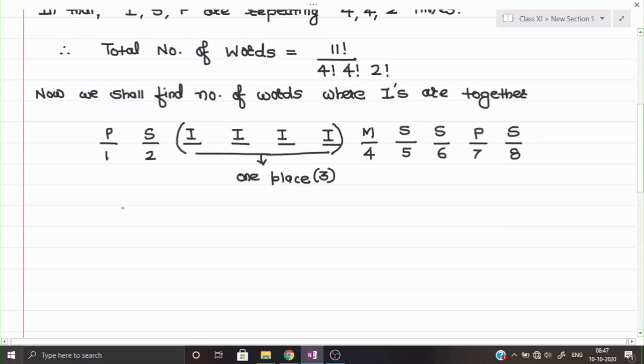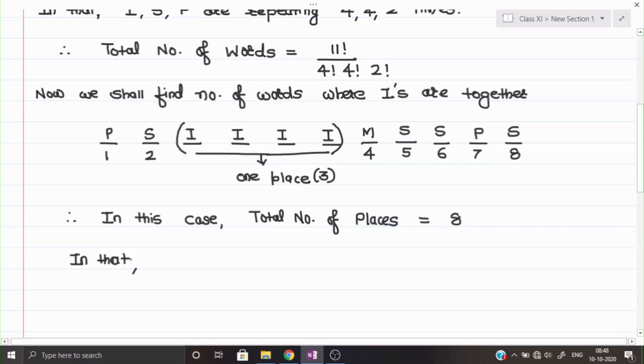So here first thing I will mention, therefore in this case total number of places is equal to 8. In that, now we need to find out who is repeating, because earlier we found the general permutation, then total number of places were 11, then we found which letters are repeating, then we used the formula factorial n upon factorial p into factorial q into factorial r.